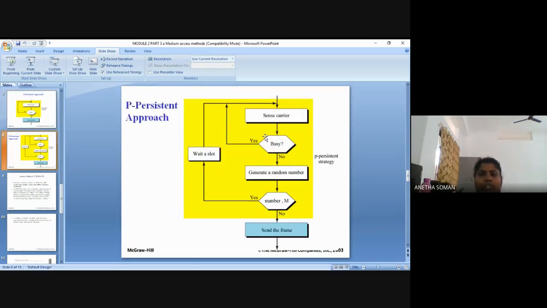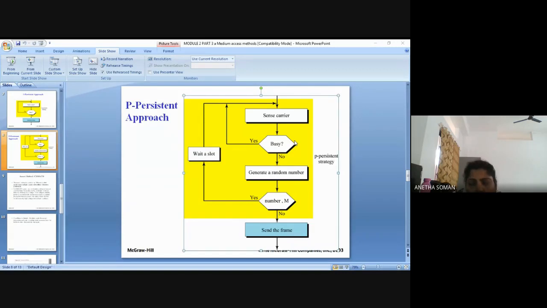Now the third procedure is called the p-persistent approach. You can see in the flow chart, initially you have many steps in that. When a station wants to send a frame, it will first sense the carrier. After sensing, it may or may not send the data.